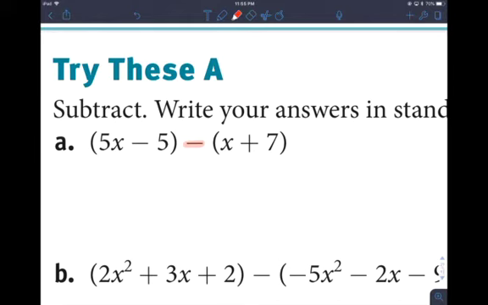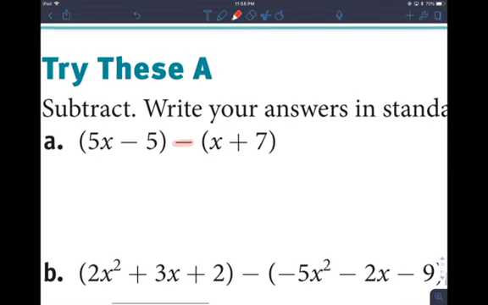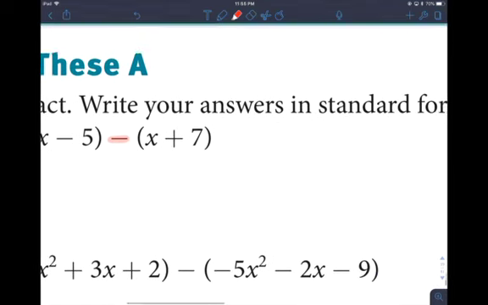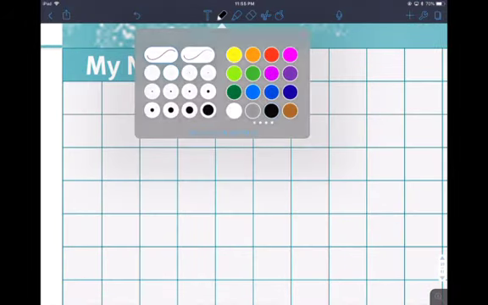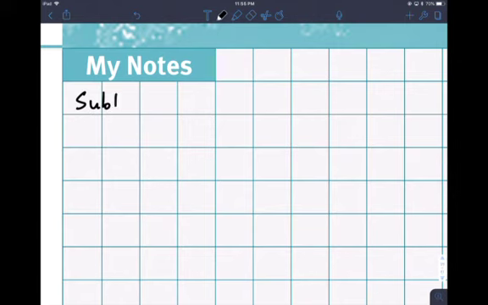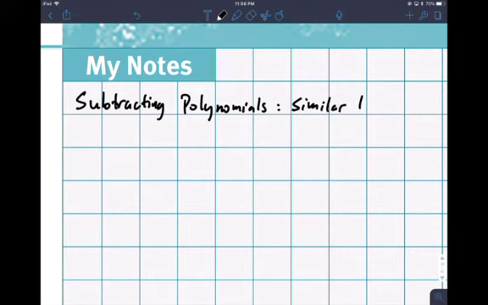So let me do the work on the side, and then I'll show you the first thing you always need to watch out for whenever you're subtracting polynomials. So subtracting polynomials, again, similar to adding polynomials.